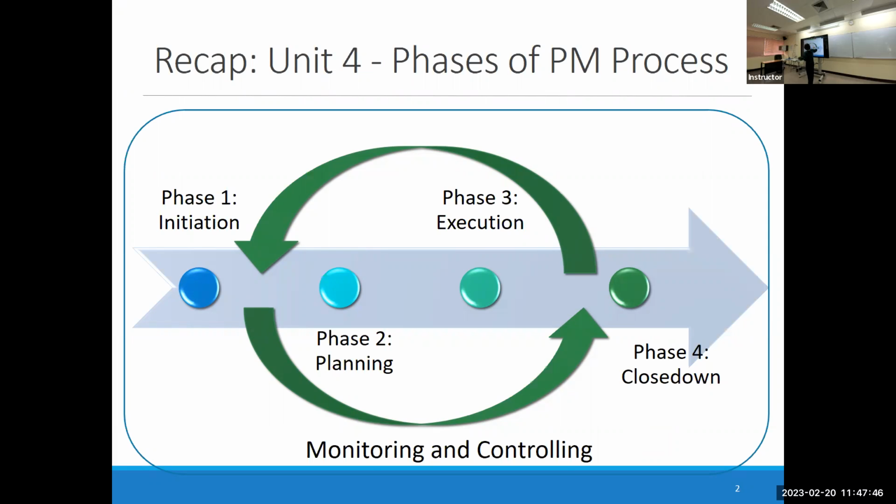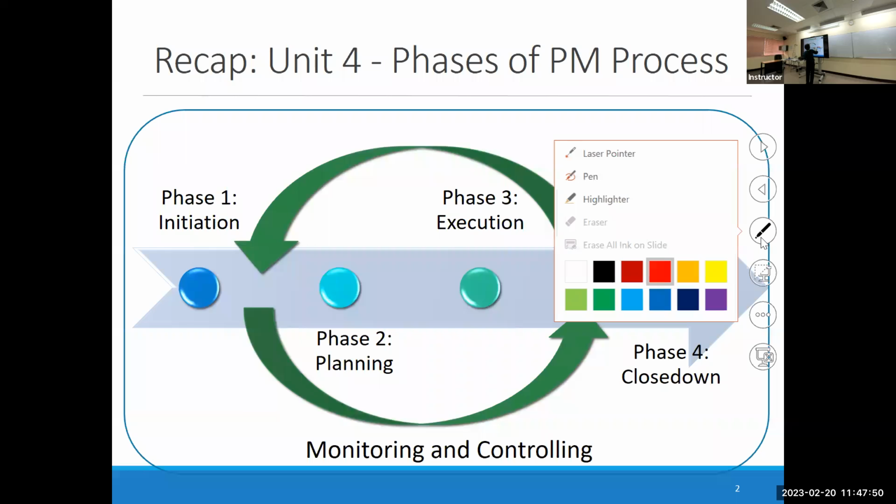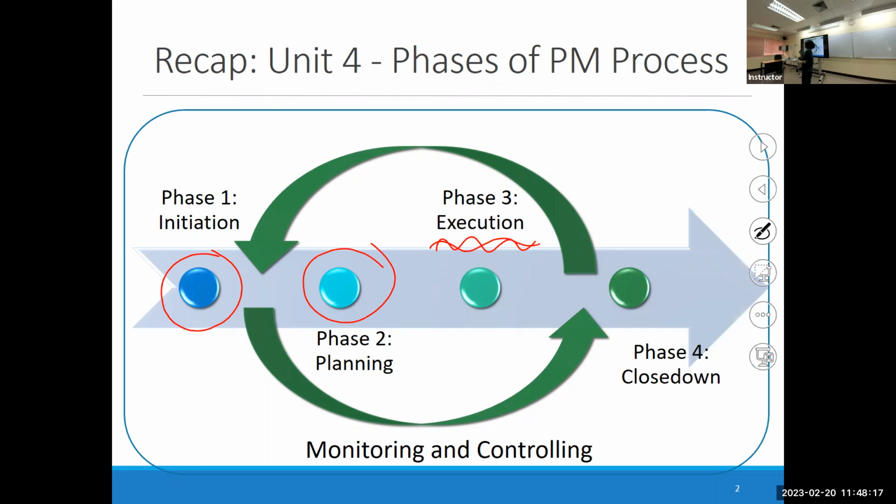Let's assume that we have moved on from initiation, where we talked to stakeholders and did some initial stuff. We worked on the planning and did quite a number of things. Now we should reach this execution phase.